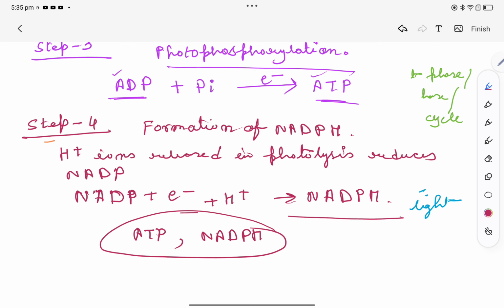Now these two things are used in the next phase of photosynthesis, that is the light independent phase.